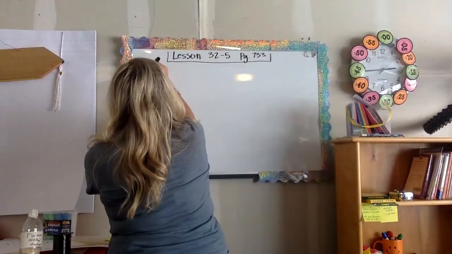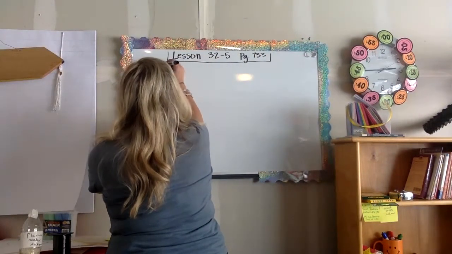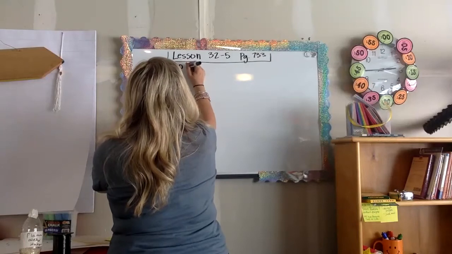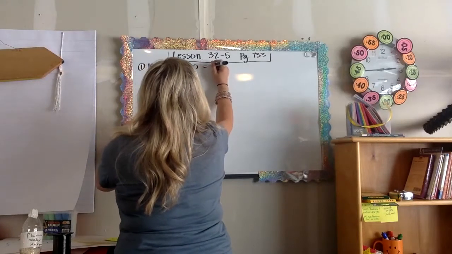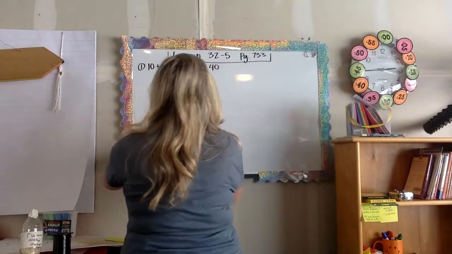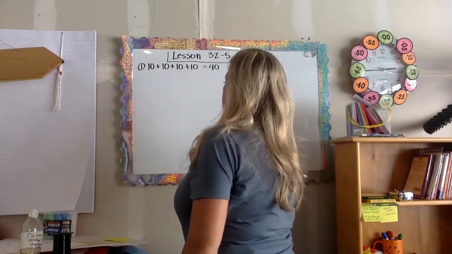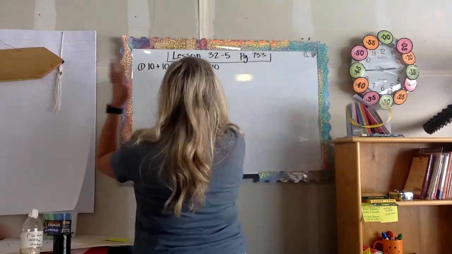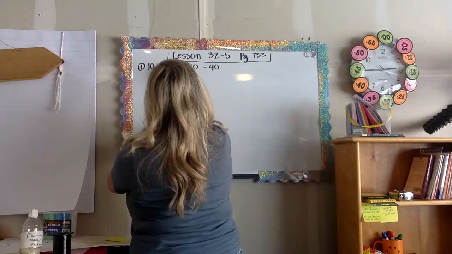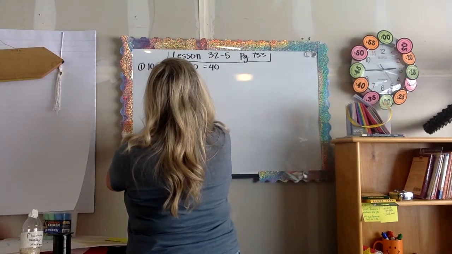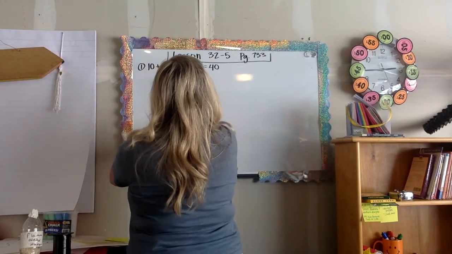So if I'm finding the perimeter, I'm going to add up 10 plus 10 plus 10 plus 10, and I get 40. Another way that we talked about in the last video was 10 plus 10 is 20.